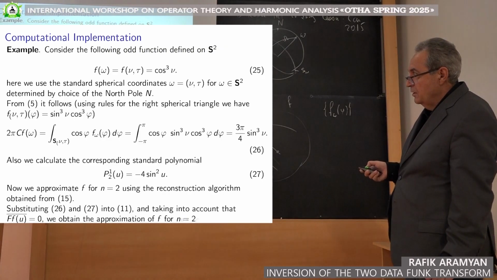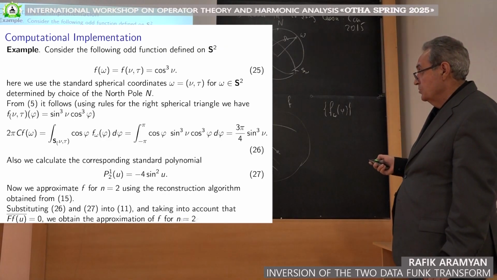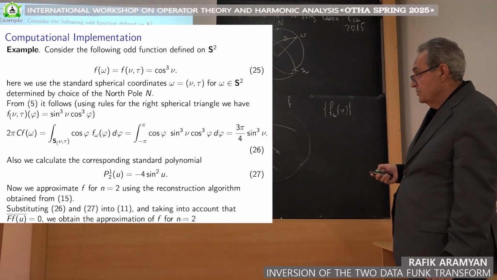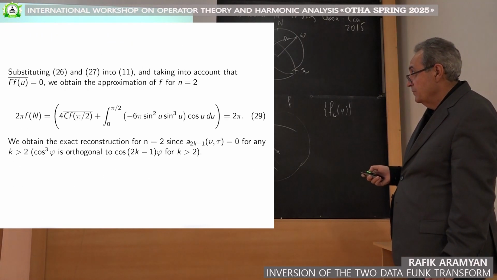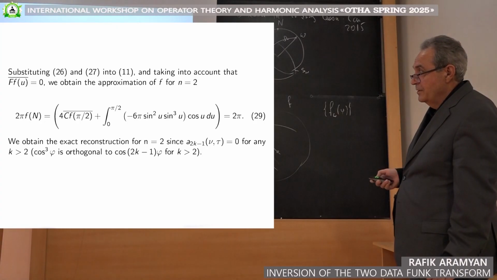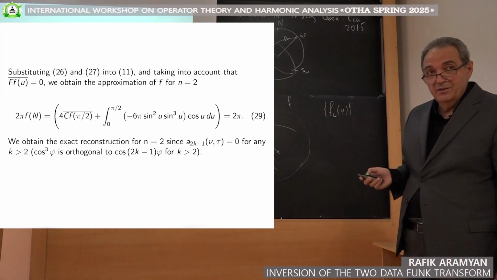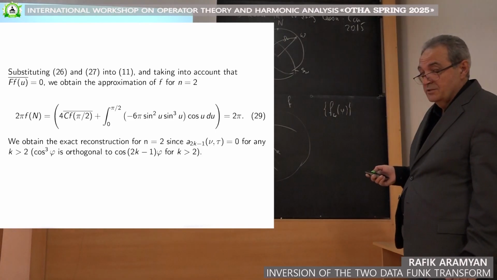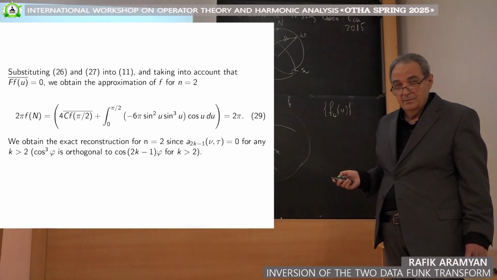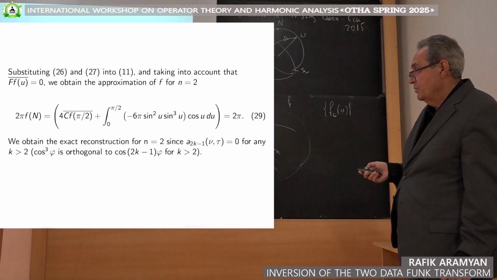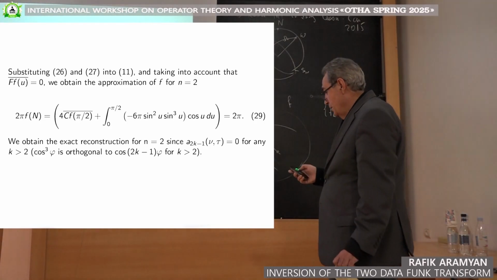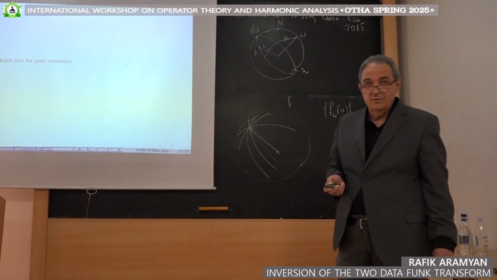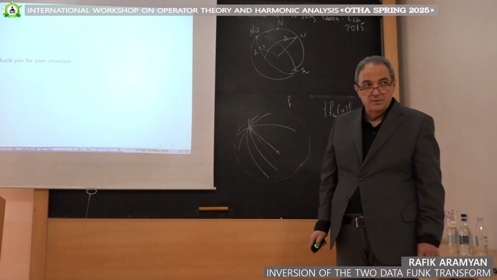For the weighted Funk transform, we obtain the following expression. Also, we use our standard polynomials. Substituting into the inversion formula, we obtain Fn is just 1. So we obtain the exact reconstruction just at the second step, because the cosine curve is orthogonal to the other functions. So that is all. I just presented one result. I will complete. Thank you.